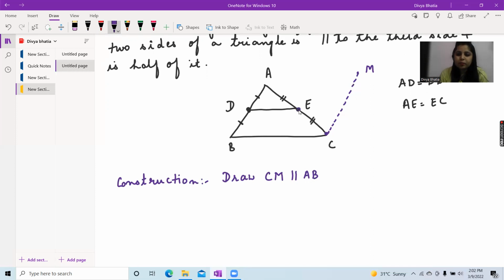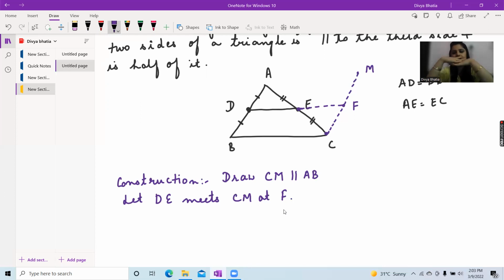Again, from point E, let us draw a line. I'll just extend DE and let DE meet CM at F, right? So this DE is the same; we are not doing any other thing.